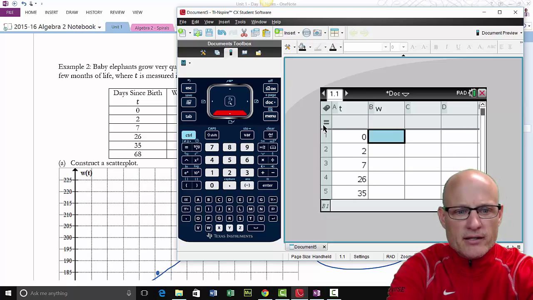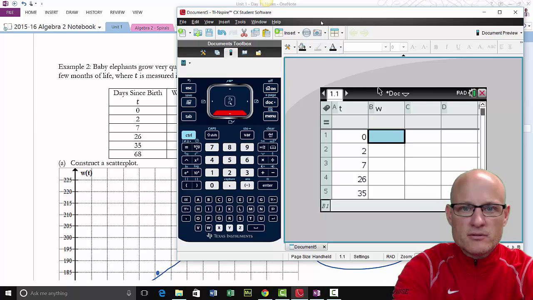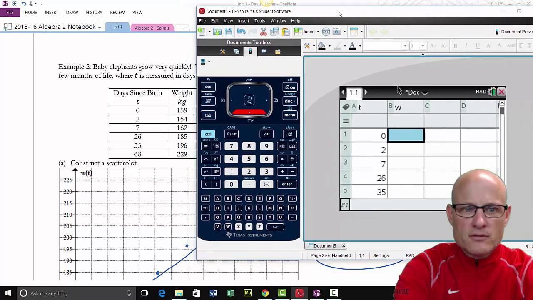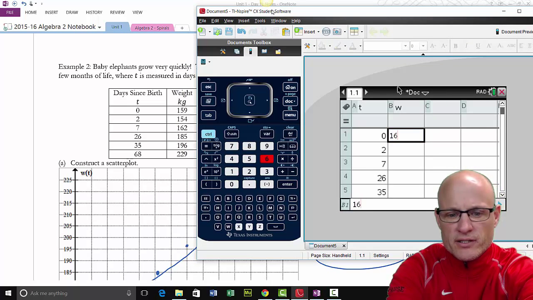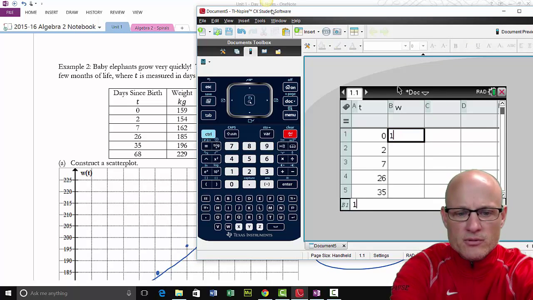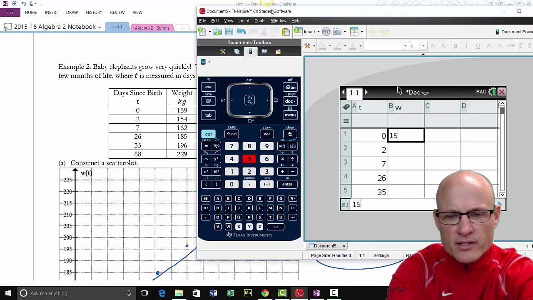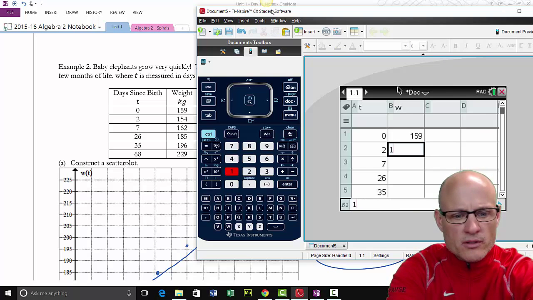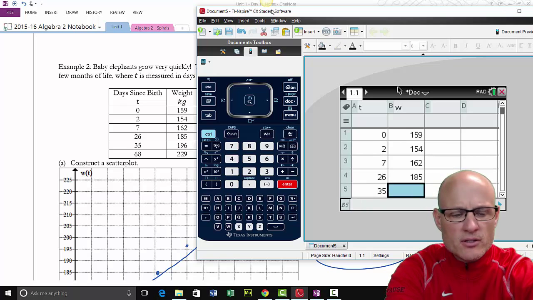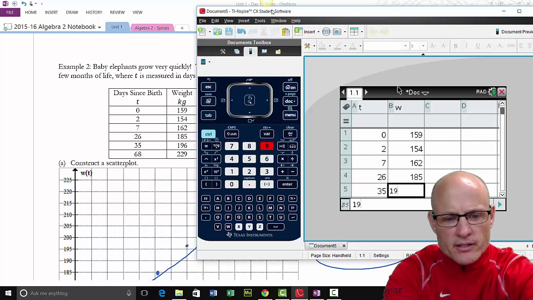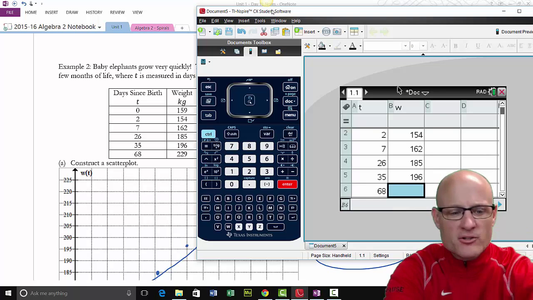And then weight: 159, 154, 162, 185, 196, and 229.